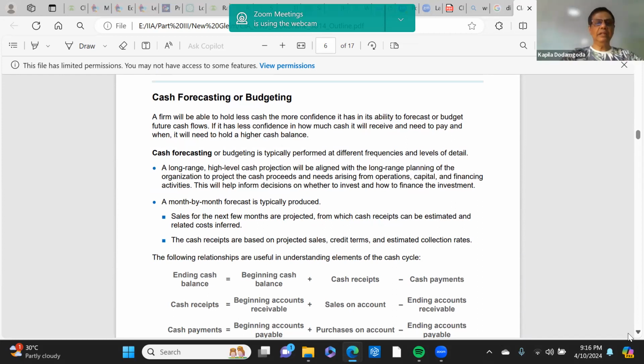Now, having said that, a firm will be able to hold less cash the more confidence it has in the ability to forecast or budget future cash flows.